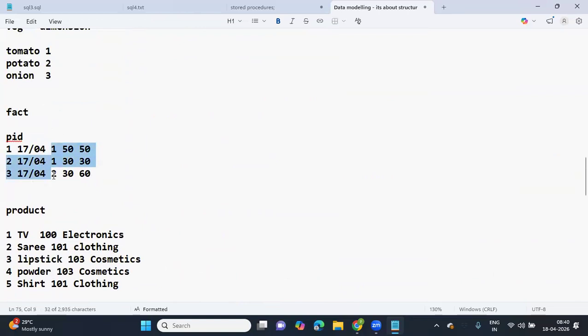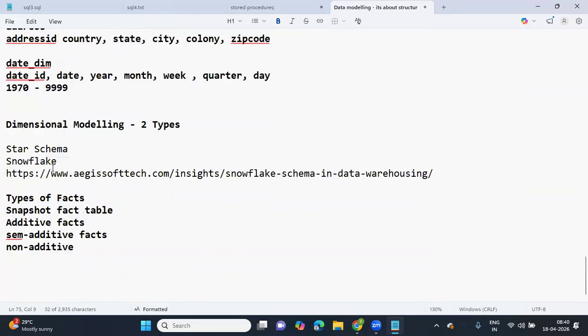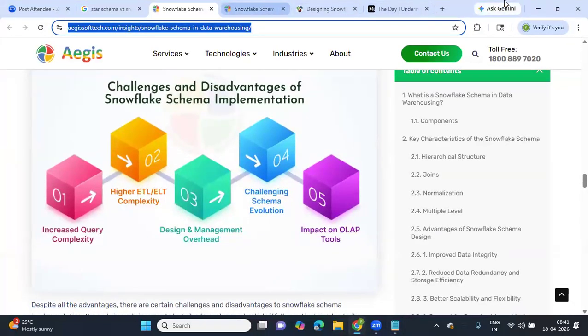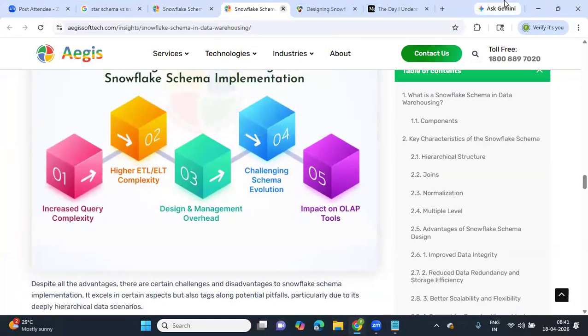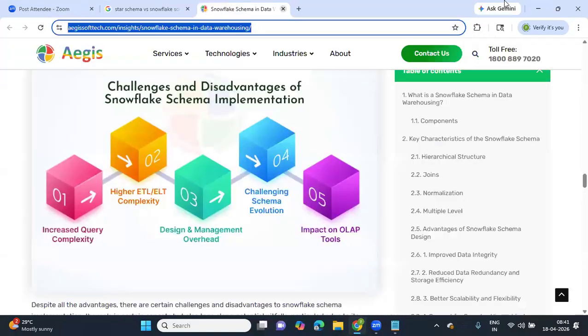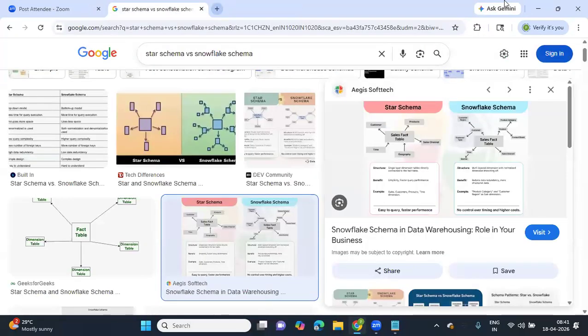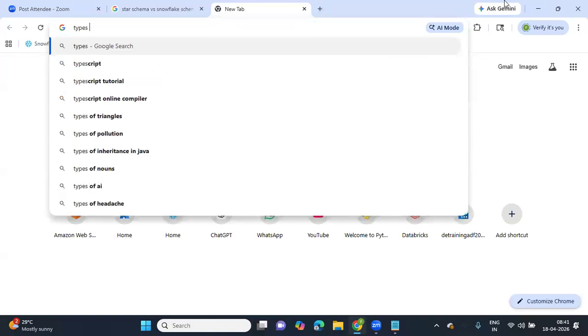But these dates we will not be able to add. Depending on whether you are able to add or not, they are classified into additive, semi-additive, and non-additive. Let's close all of this. Nobody is going to ask you about the types of facts, but have an idea.